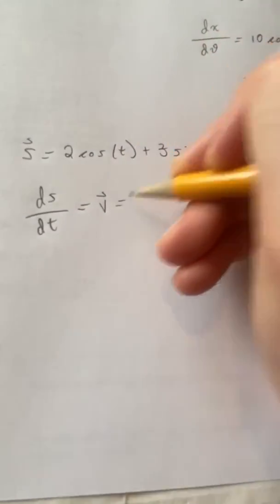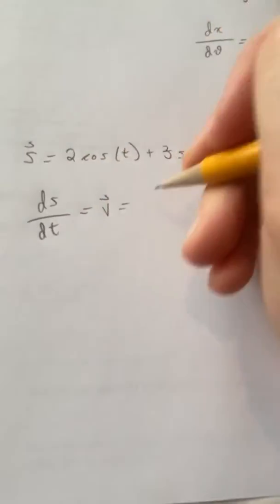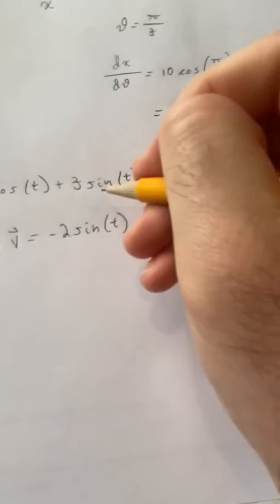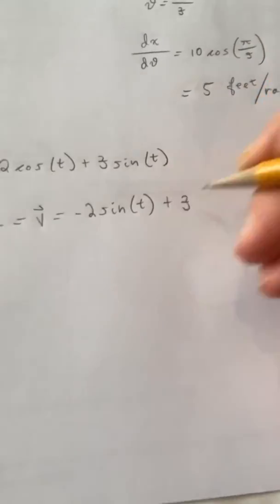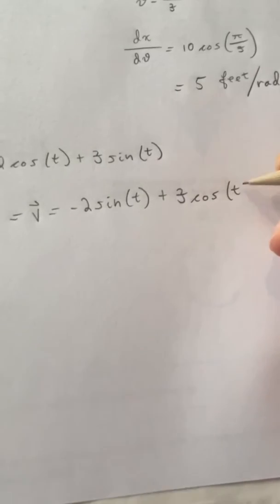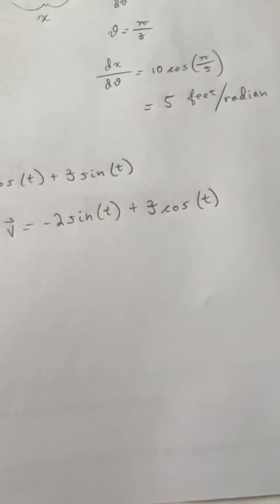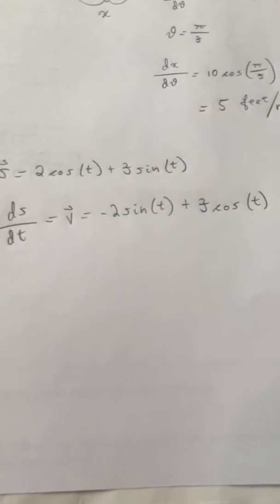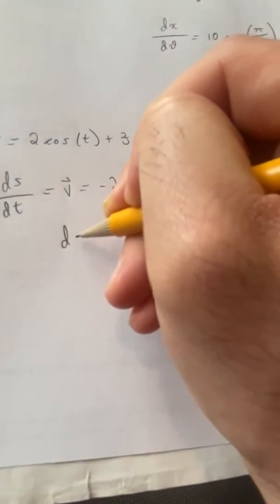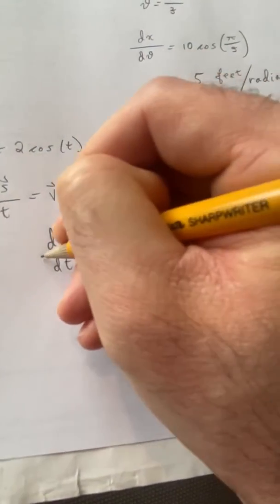If we wanted to know what that is, we take the derivative of this term, which is going to be minus 2 sine t. And then we take the derivative of this term, which is going to be plus 3 cosine t. And then from there, you might even be asked, what's the acceleration of the object in terms of time? Again, we take the derivative of the velocity with respect to time.